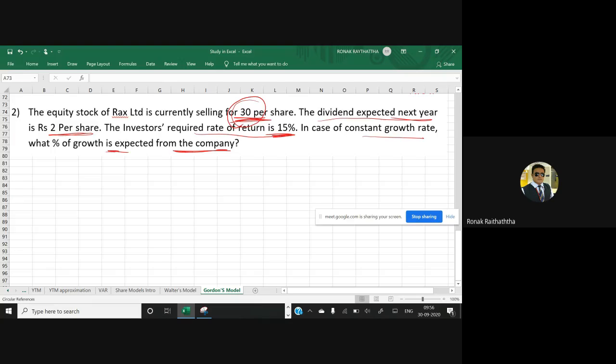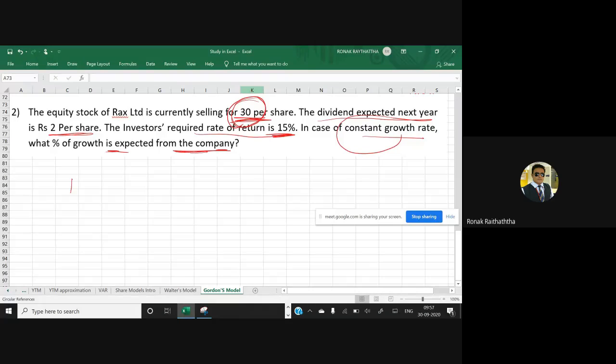The investor's required rate of return is 15%. K is also given to you. In case of a constant growth rate, what constant growth is expected from the company if they want to keep the market price at 30? So one of the variables of the formula that we are supposed to find here is the growth rate. And to find the growth rate, we should have all other variables to simplify the question. So how? Let's see that.